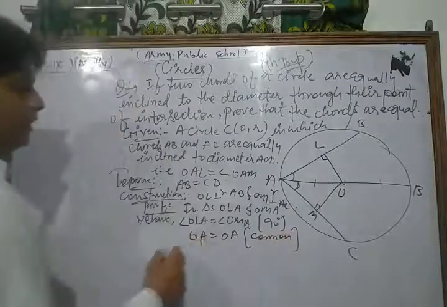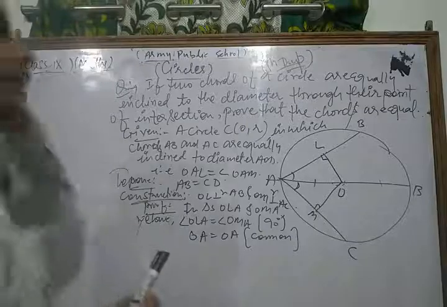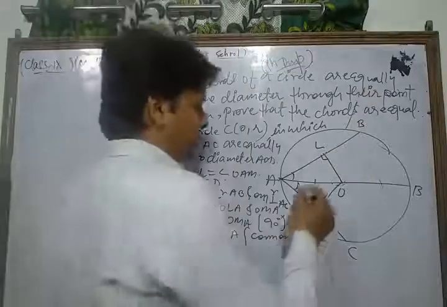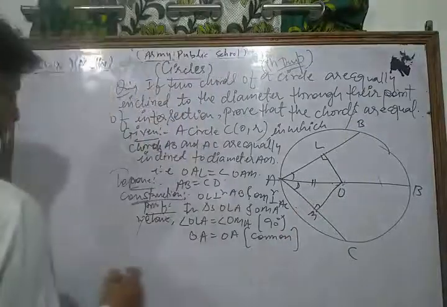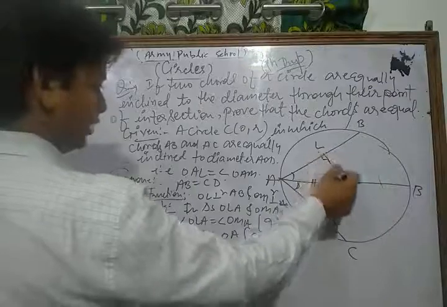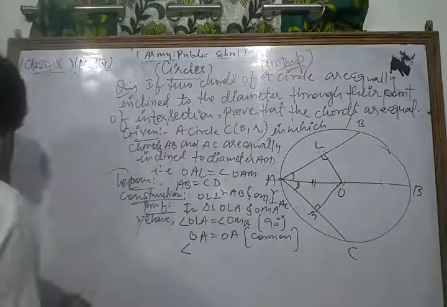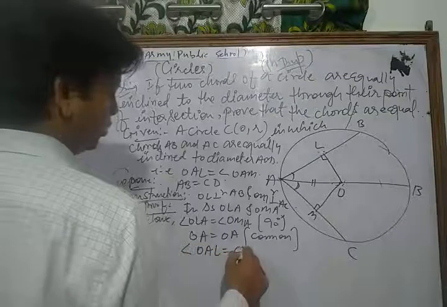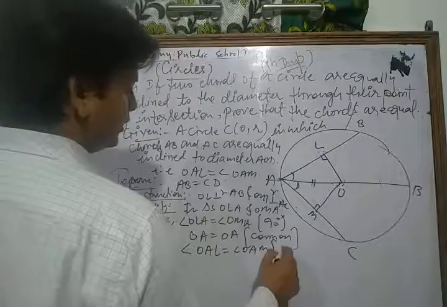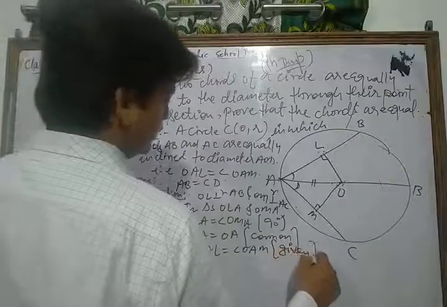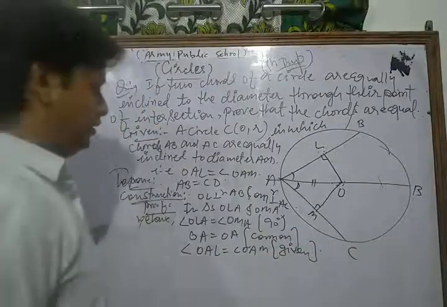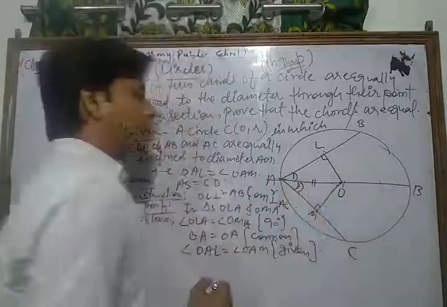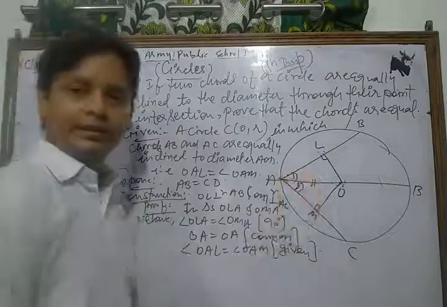This is the common side to both triangles. And angle OAL is the same as angle OAM. This is given. Now angle side congruence criterion.